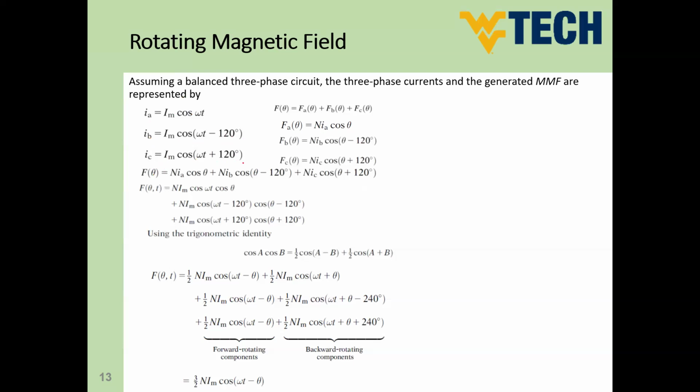So this is the configuration of the machine that has a mechanical phase shift that produces 120 electrical degrees. And the magnetomotive force that will be generated for every phase is going to be, so the FA, you know, the magnetomotive force is N times I. So it can be N times IA cosine theta.